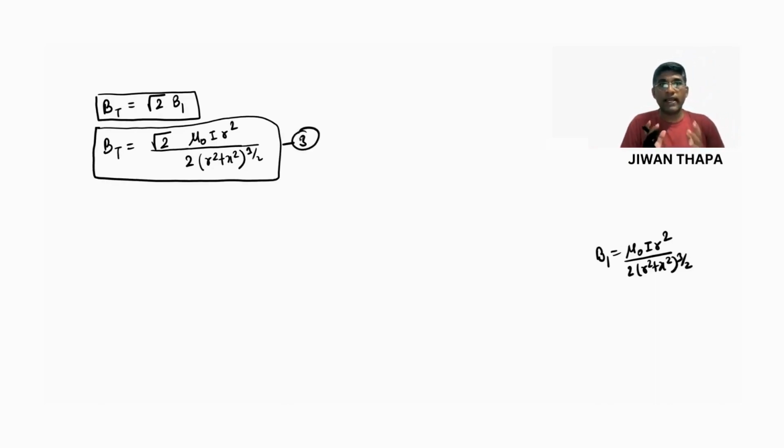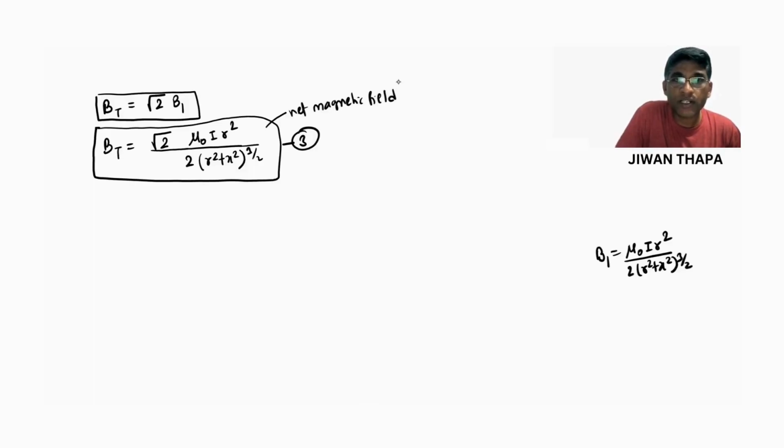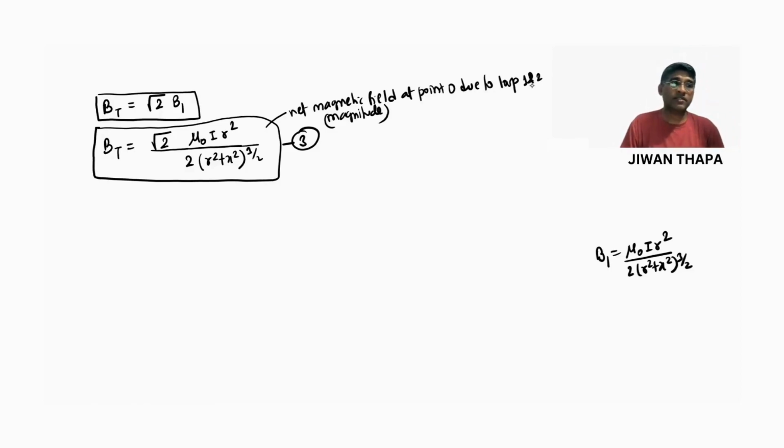This is the total or net magnetic field, in magnitude, at point O due to loop 1 and 2.